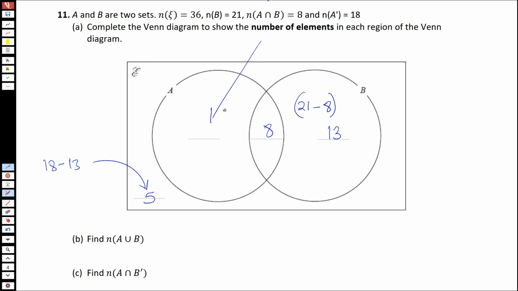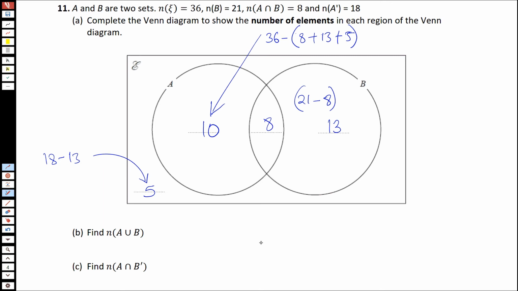So this plus that plus that plus that should be equal to 36, so just A will be 36 minus 8 plus 13 plus 5. If you work that out, that should be equal to 10, and that will be the number of elements in just A.